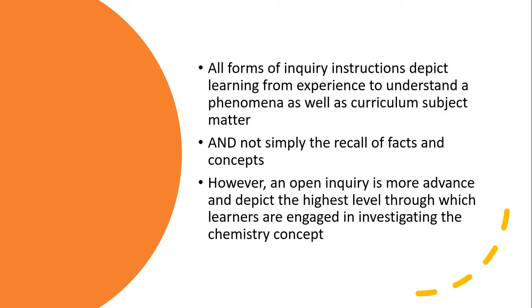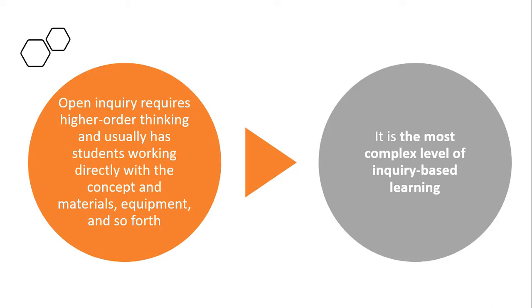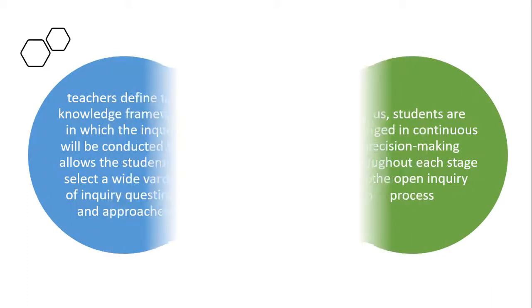However, open inquiry is more advanced and depicts the highest level through which learners can engage in investigating chemistry phenomena. Open inquiry requires higher order thinking and usually has students work directly with the concept, material, equipment, and so on. It is the most complex level of inquiry based learning.